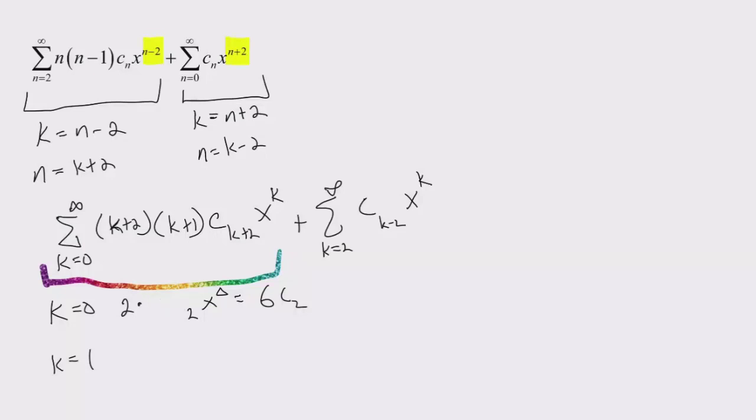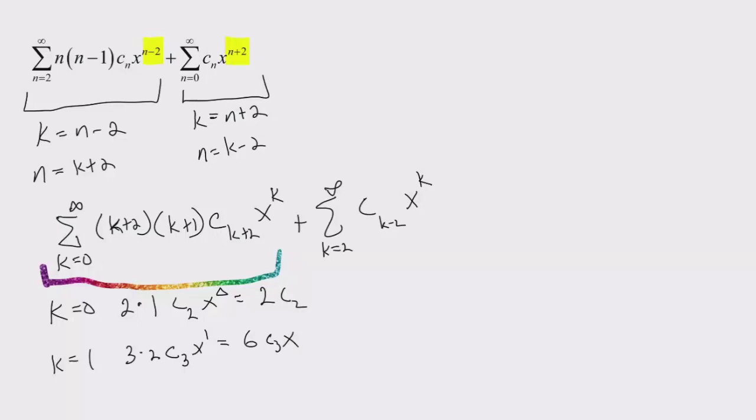That's actually 2 times 1, isn't it? Thank you to those that were yelling at the screen. So that's 2c2. Okay. Then if I evaluate at 1, that's where I'm going to get a 3 times 2, c3, and x to the first. So that's going to give me 6c3x.